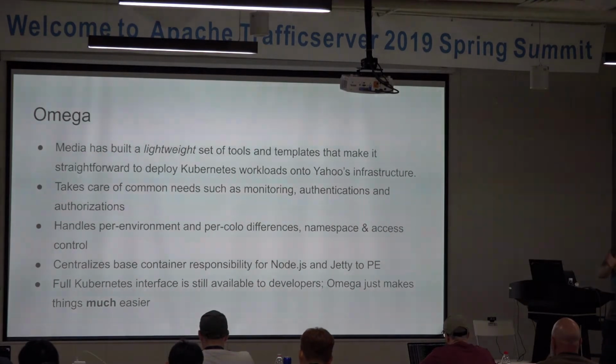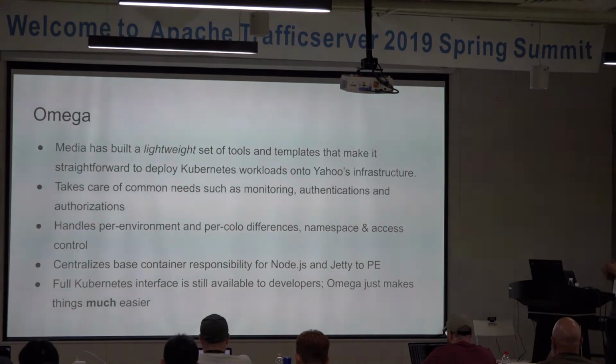And this namespace has a certain quota. They have only 10,000 virtual CPU, and the other one is a small team, so they can only use 200 virtual CPU. All these authorizations, we don't want the team to deal with. So the Omega project is trying to abstract this out.